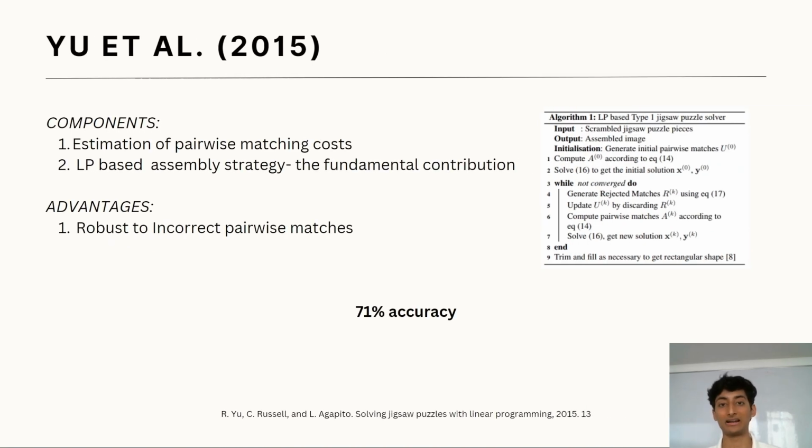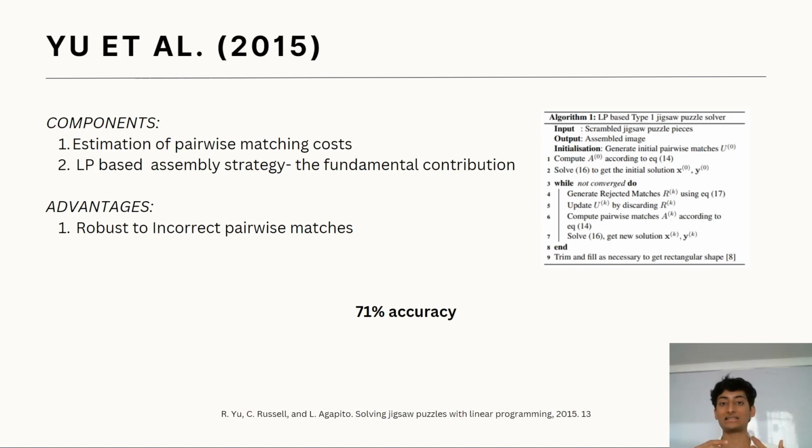The first paper that I will look at is by You et al. The component of this paper that I have highlighted there is the estimation of pairwise matching cost. So when it comes to a jigsaw piece, let's say you have two pieces, piece 1 and piece 2, and both of these are neighboring pieces.